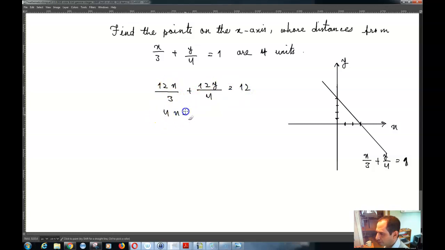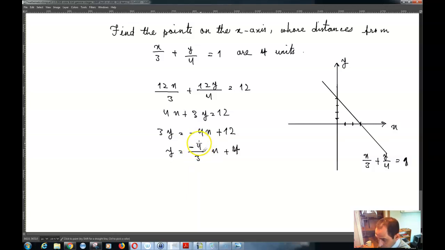That's 4x plus 3y is equal to 12, and that's 3y is equal to negative 4x plus 12, and so divide by 3, you'll get y is equal to negative 4/3 x plus 4. So your y-intercept is equal to 4, which is correct.